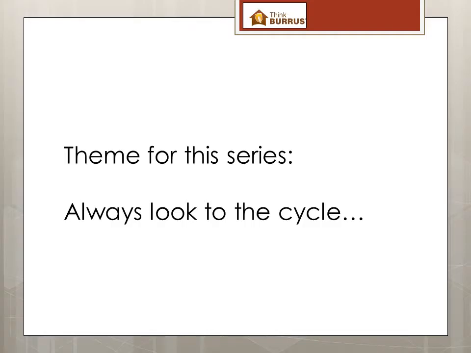The theme for this series, and we keep driving this point home, is always, always, always look to the soil sulfur cycle. We study the soil sulfur cycle because it helps us answer many of the questions growers have about the sulfur cycle itself, about this topic of sulfur and sulfur fertilization.